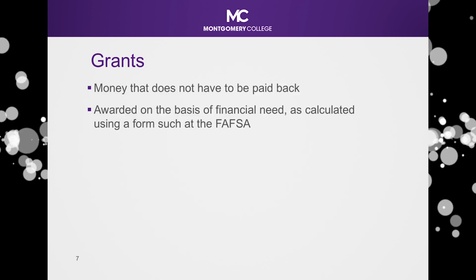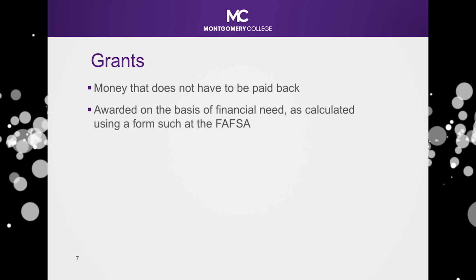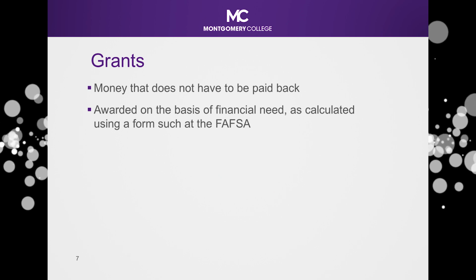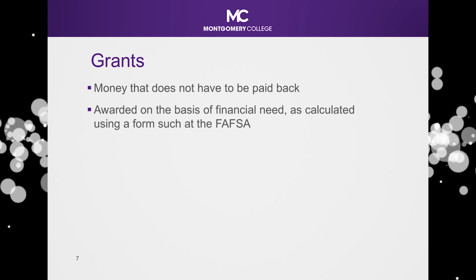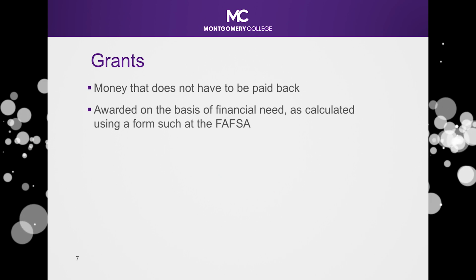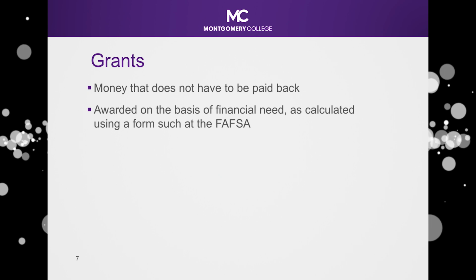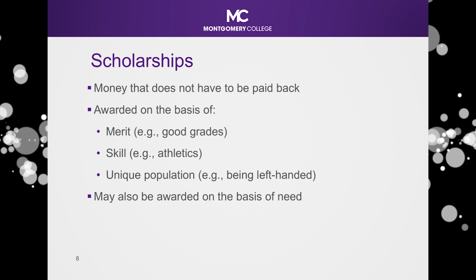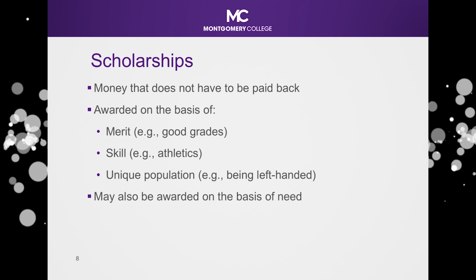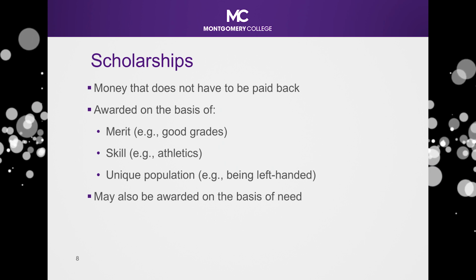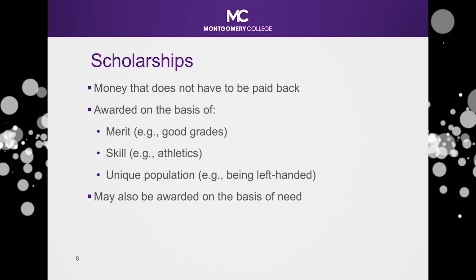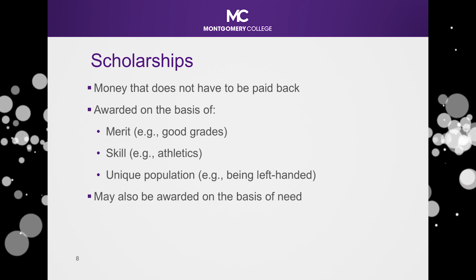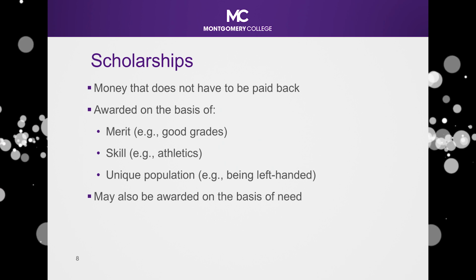Okay, grants, money you get that does not have to be paid back. Basically, most of your grants are based on financial need. And again, it's calculated based on that family contribution from the FAFSA. Different with scholarships. Scholarships also don't have to be paid back, but they're generally based on merit, skill, some type of unique population, and they also may be based on need.